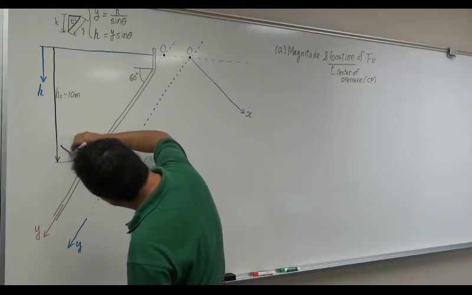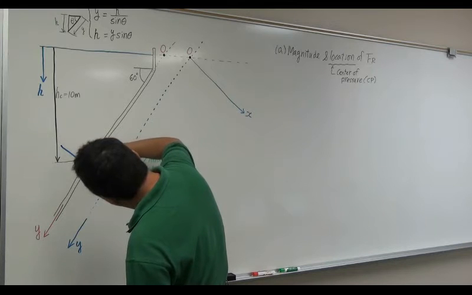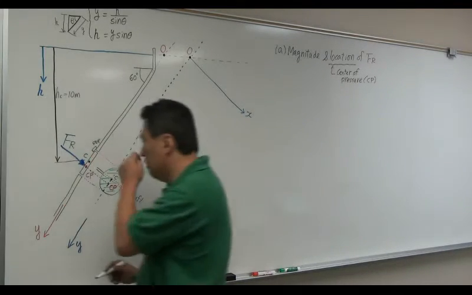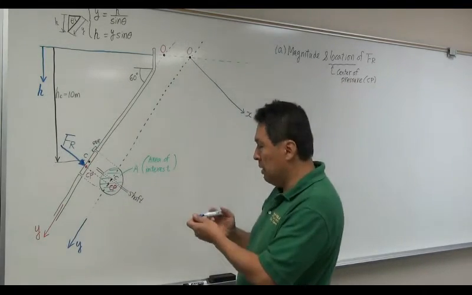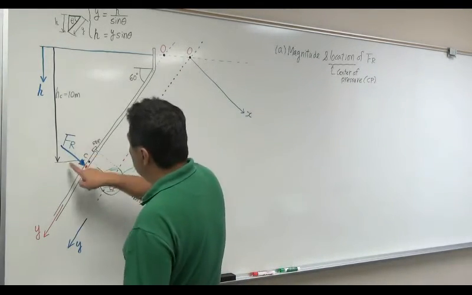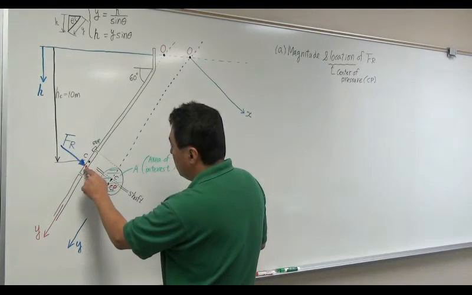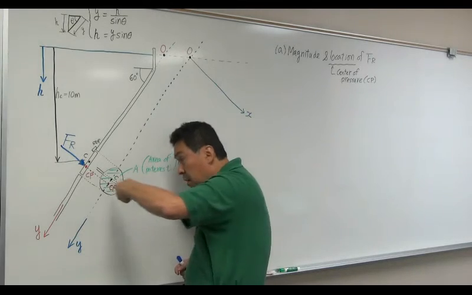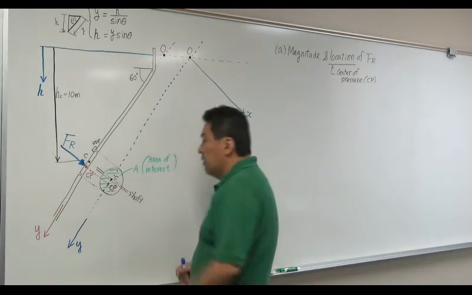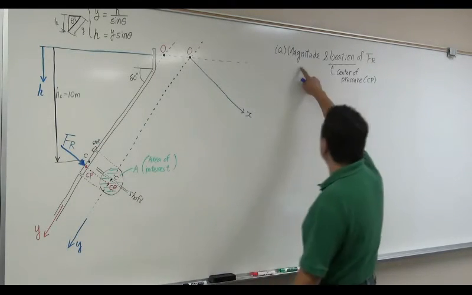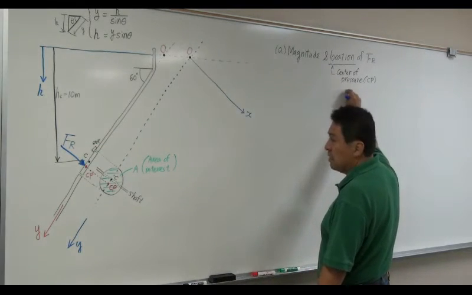So this is going to be F1, the resultant force developed by the presence of hydrostatic pressure. This resultant force is going to act through the center of pressure, so it's going to act like this. And then you can also determine the magnitude. So let's determine the magnitude and the location, which is the center of pressure, first.